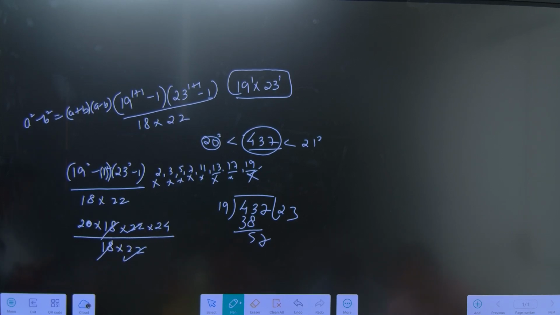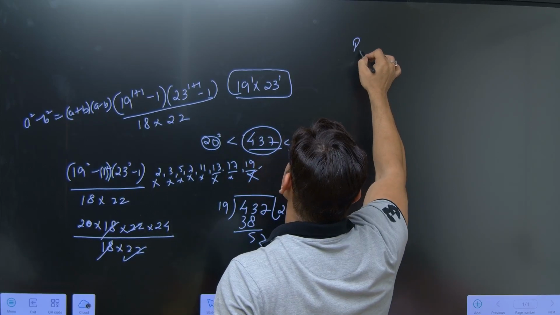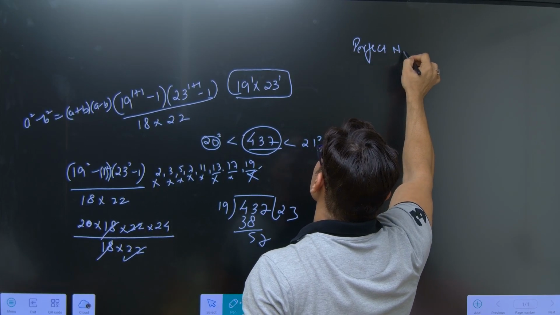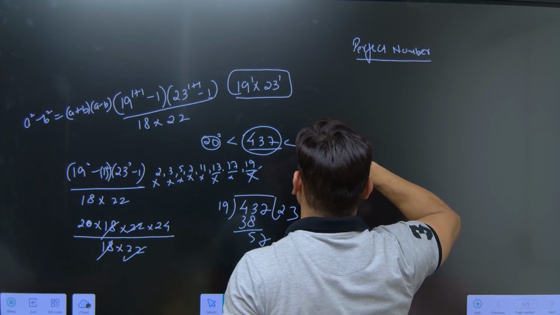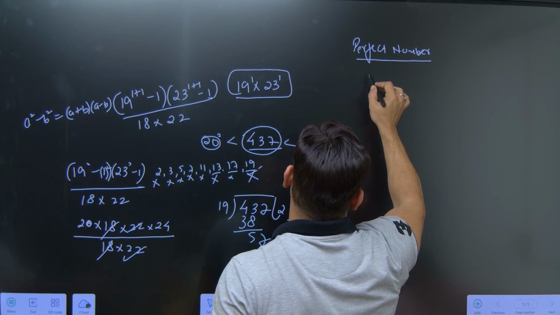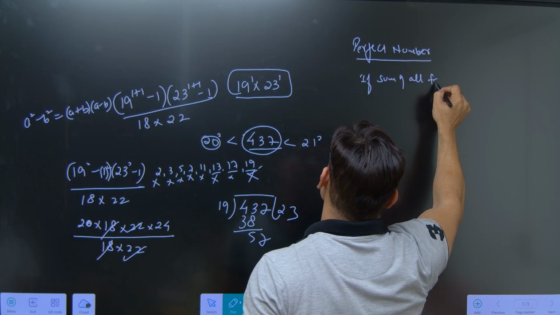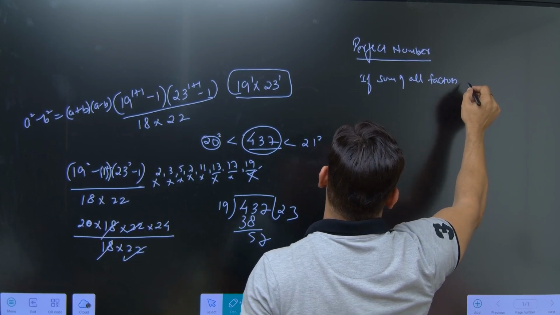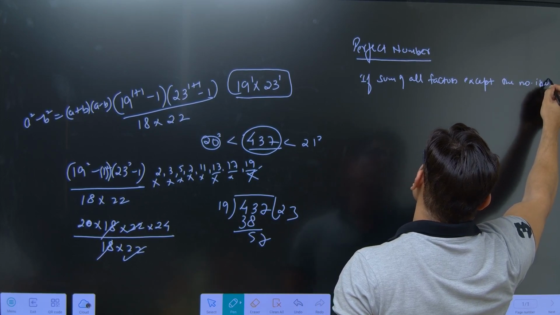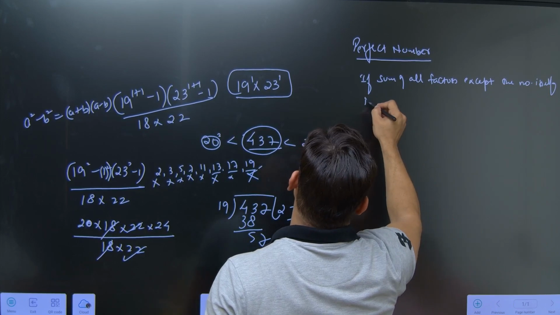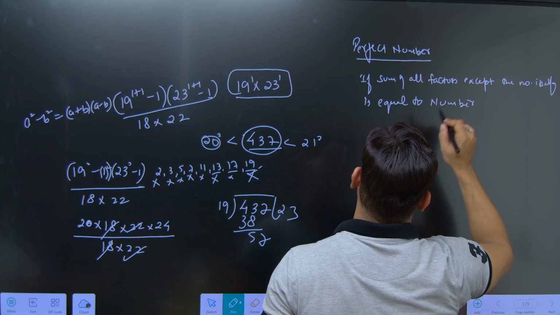Next is, okay, perfect number बताना भूल गया था मैं तुमको, याद रखो. What is a perfect number? If the sum of all factors except the number itself is equal to the number, then it is called a perfect number.